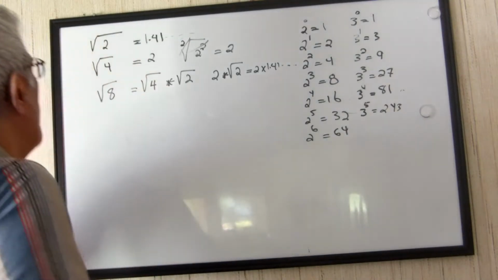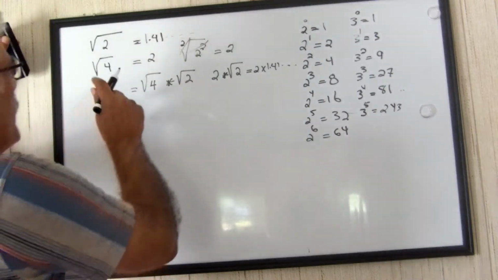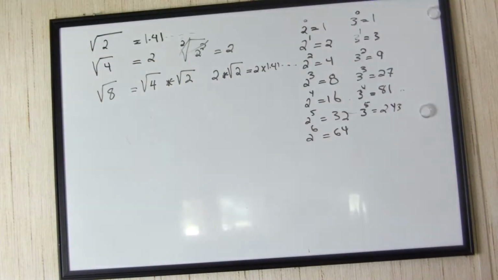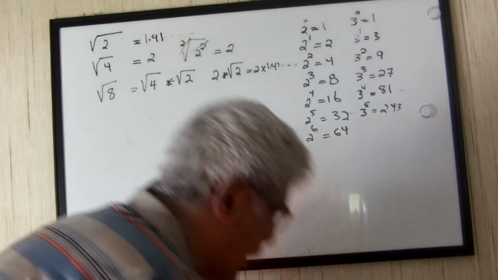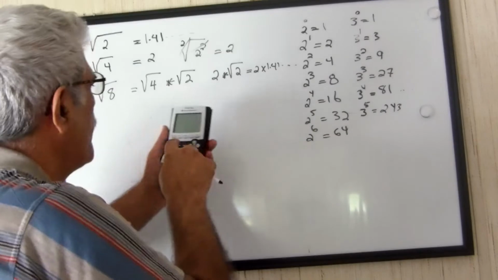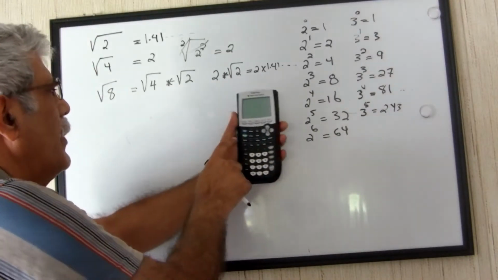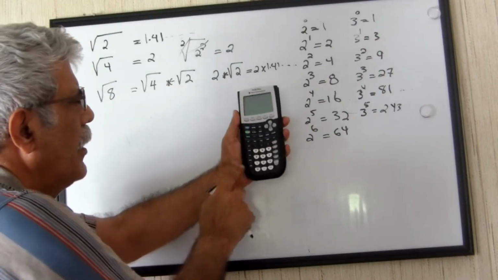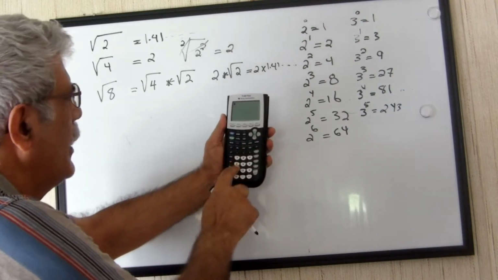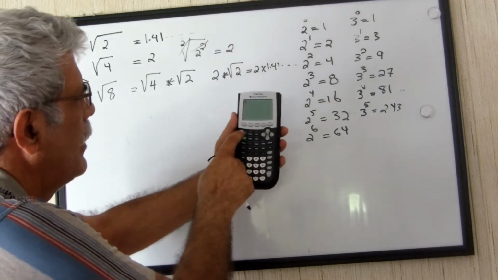So, if we put this one in the calculator, what is going to be? You turn this on, clear, it says radical, a square root.